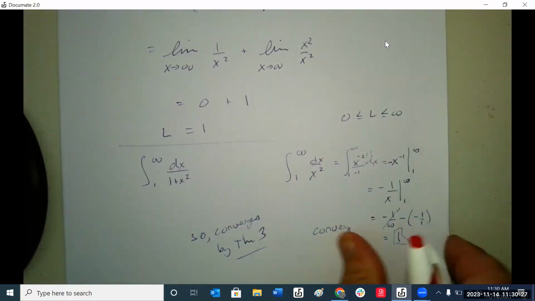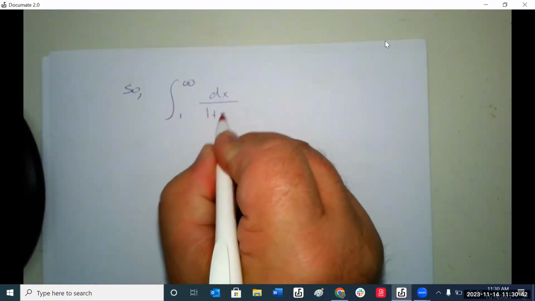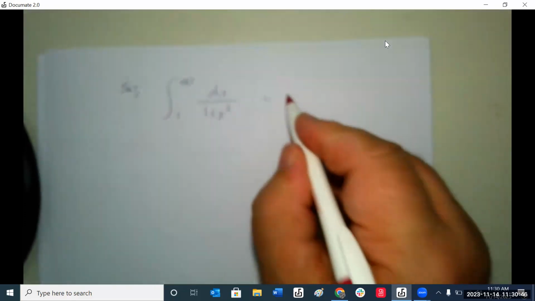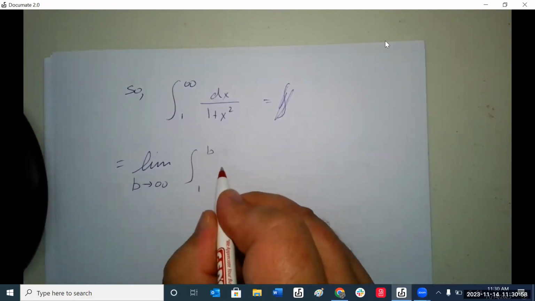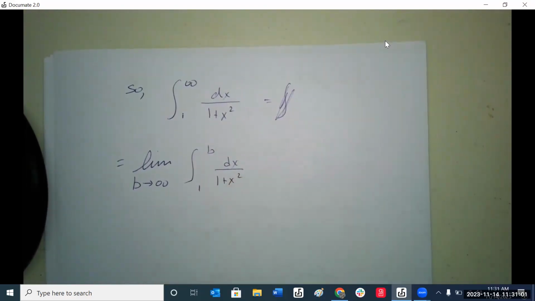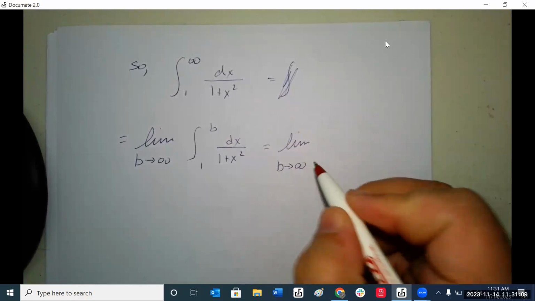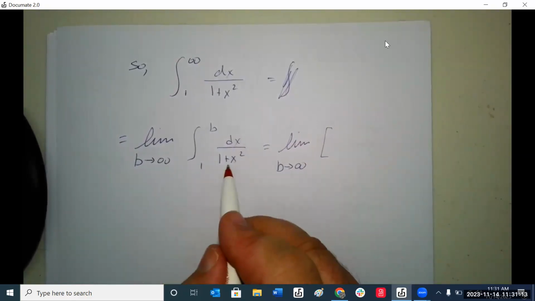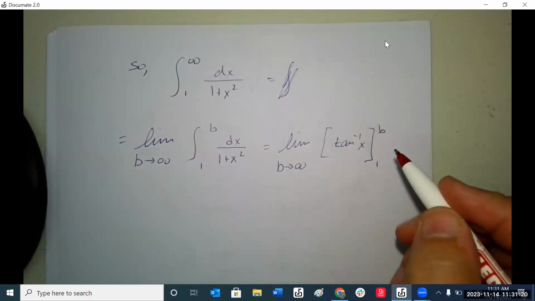So if they both converge, what value does it converge to? The integral from 1 to infinity of 1 over 1 plus x squared is the limit as b goes to infinity from 1 to b of our function, which equals the limit as b goes to infinity of the integral of 1 over 1 plus x squared, which is inverse tangent x from 1 to b.